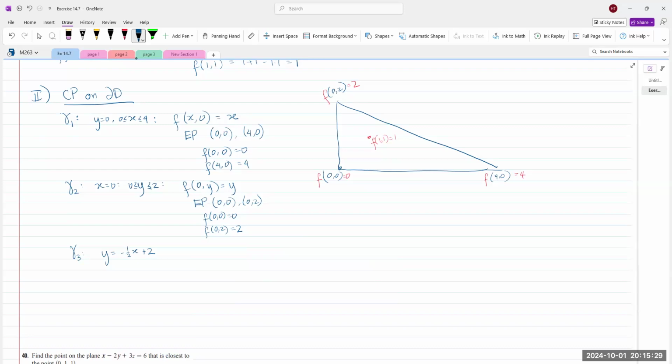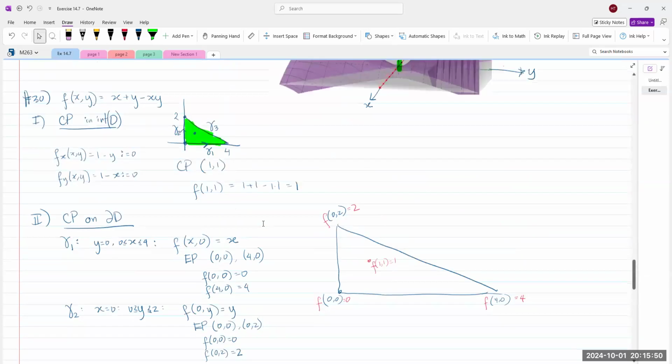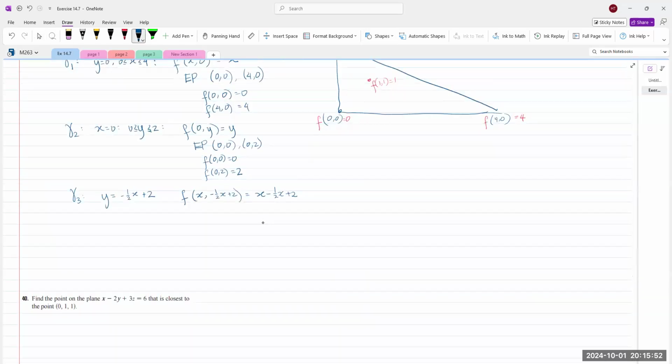Let's plug that in. f(x, y) equals x plus y minus the product of x and y.